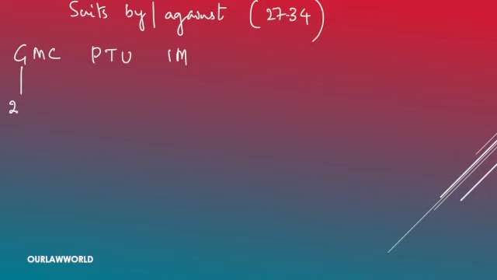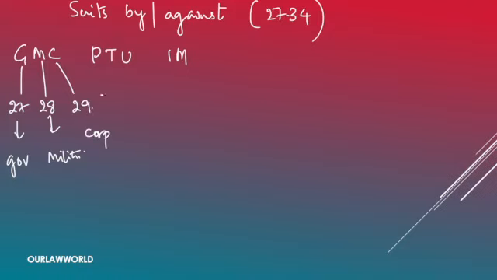The first one, 27, suits by or against government. Next one, 28, suits by or against military, naval or airmen. Okay. And 29, suits by or against corporations. 30, suits by or against partnership firms.